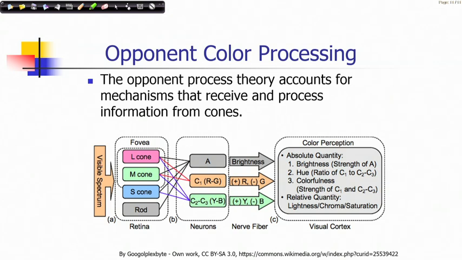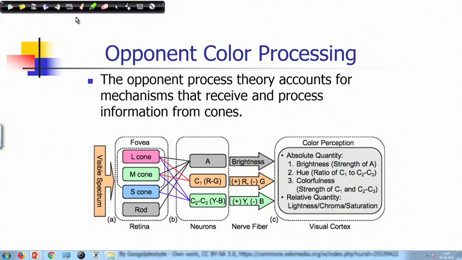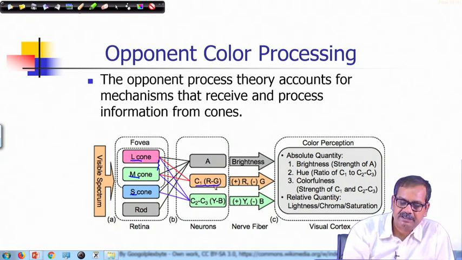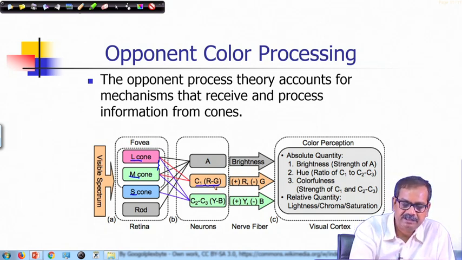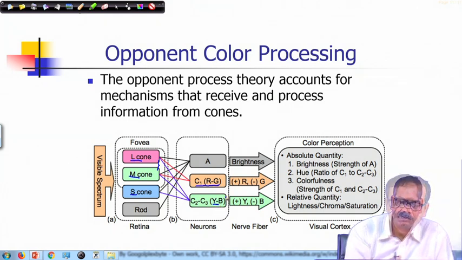You can see the representation here: this is the L cone, M cone, and S cone, and L and M participate in an antagonistic manner, providing C1 which is R minus G. So green is opposing the red excitations, and for the S cone it is Y minus B, where Y is represented by R plus G. That is how it is opposing.